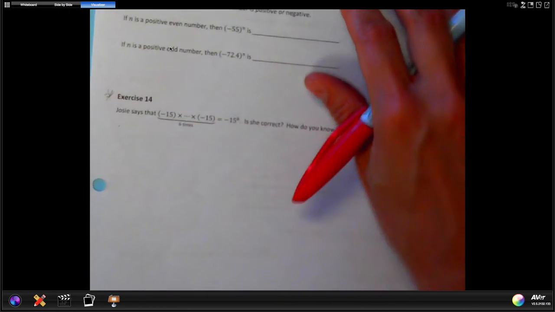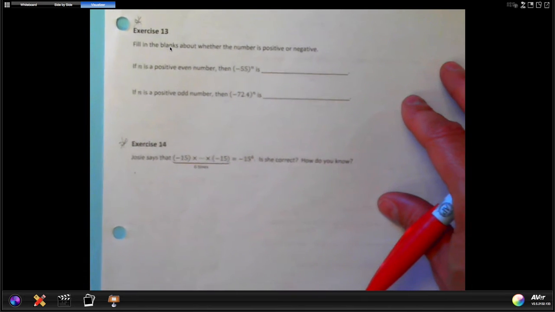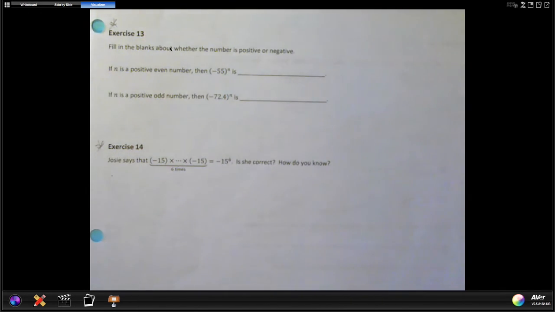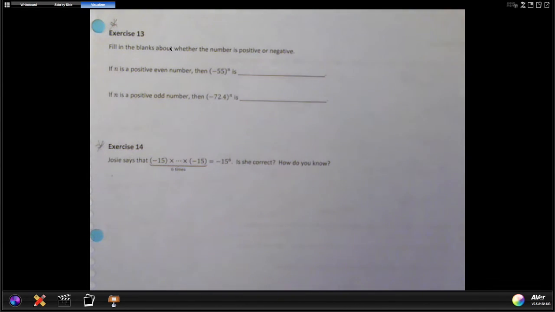Okay, we are moving this video right along. We're all the way to the last part of our notes already, and that would be exercise 13 and 14. We're just going to fill in the blanks here now that we know. This is just worded slightly differently, and I'm going to give you the key words.